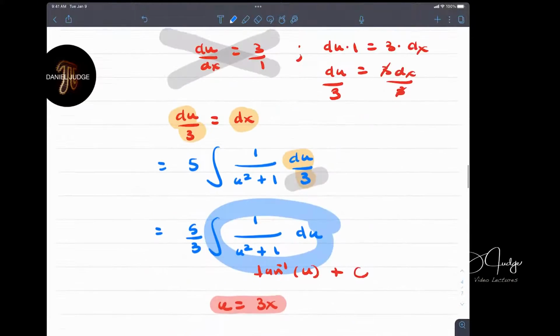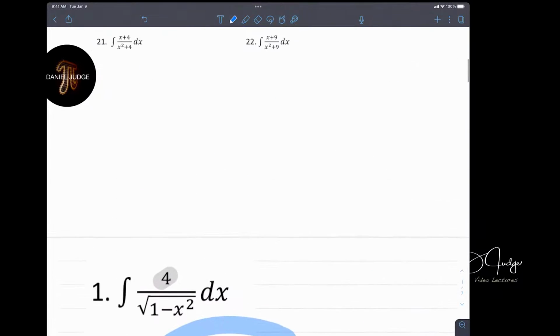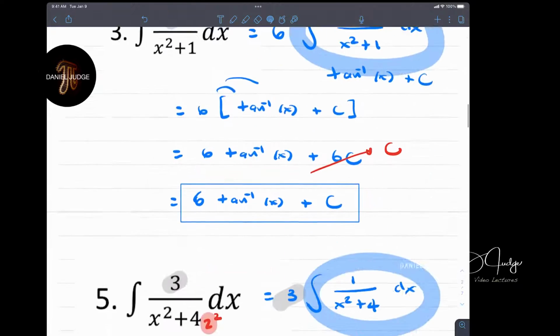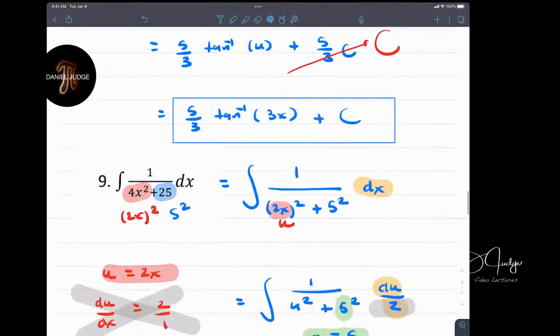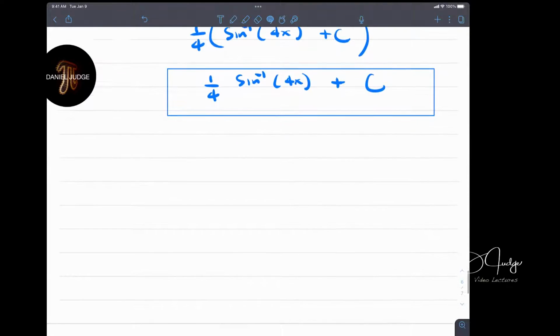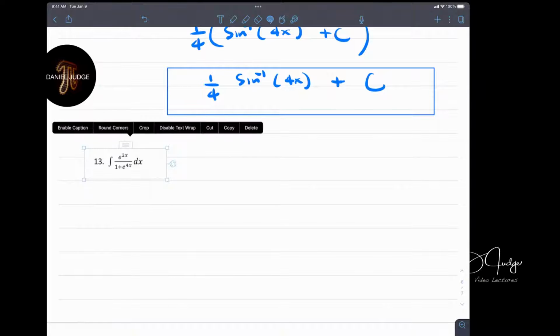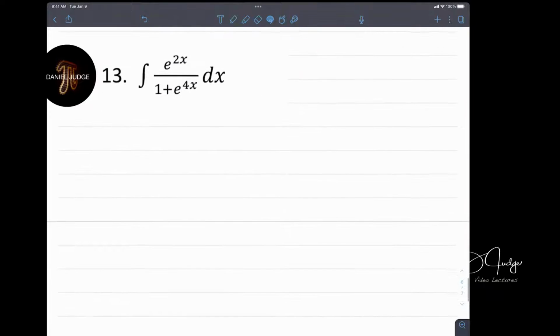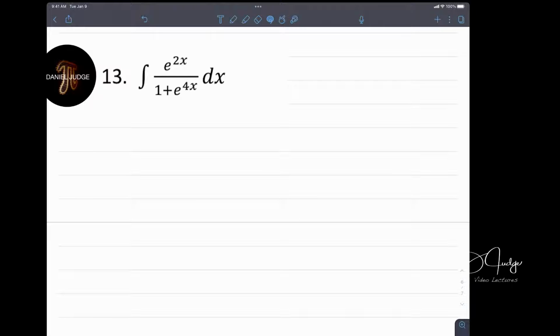It's number 11. Number 13. Okay, so this is kind of an interesting question here.